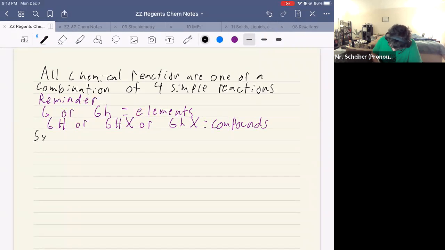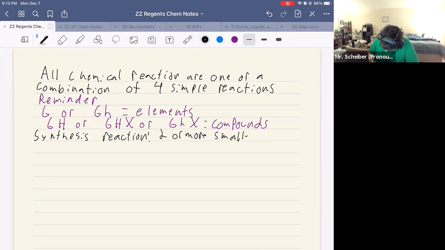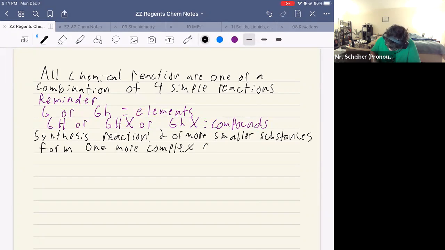First one is called the synthesis reaction. And it's where you have two or more smaller substances, and they're going to form one more complex substance.